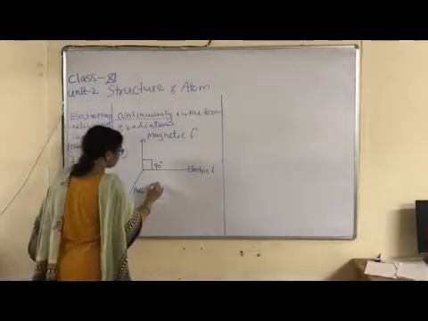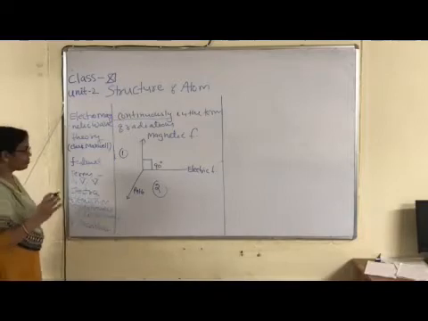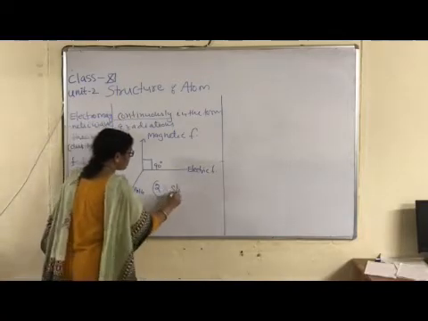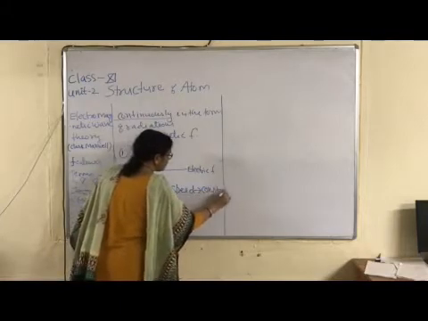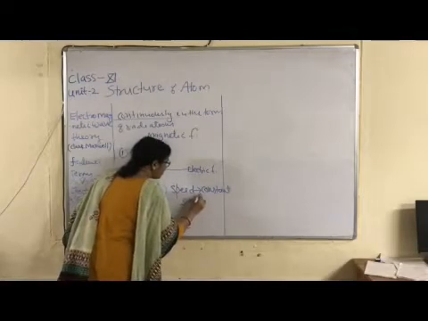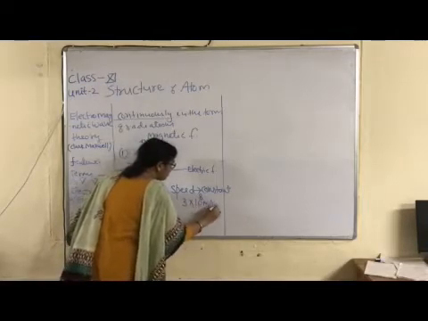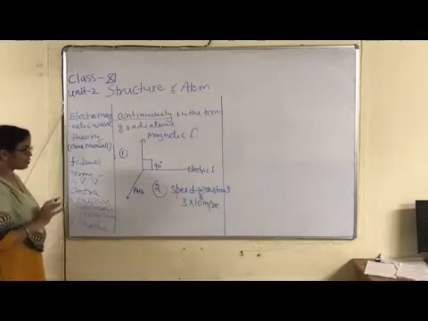Second feature: electromagnetic radiations travel with the speed of light. Speed is fixed, which is 3 into 10 raised to the power 8 meter per second. Any electromagnetic radiation travels with this constant speed.